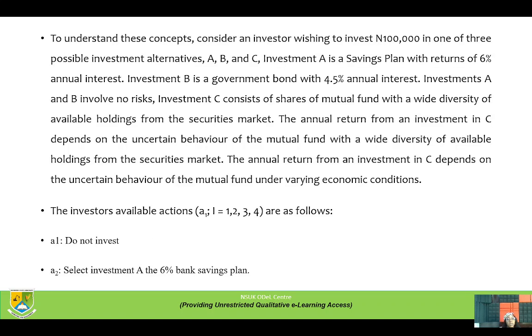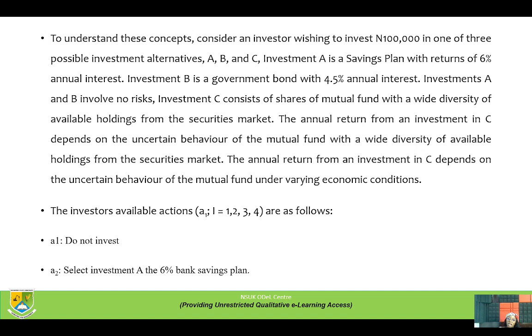To understand these concepts, consider an investor wishing to invest 100,000 in one of three possible investment alternatives A, B, C. Investment A is a savings plan with returns of 6% annual interest.